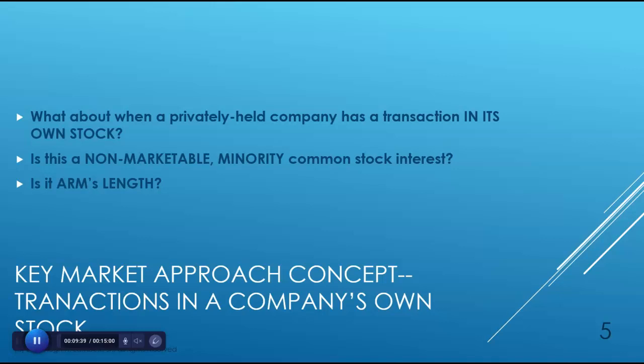If I charge a below market rent to the coffee company from my real estate holding company, that means the coffee company's expenses are understated somewhat because I'm charging below market rent, and therefore net income is overstated. And if I'm charging a market rate of rent in this type of transaction, then that's fine.